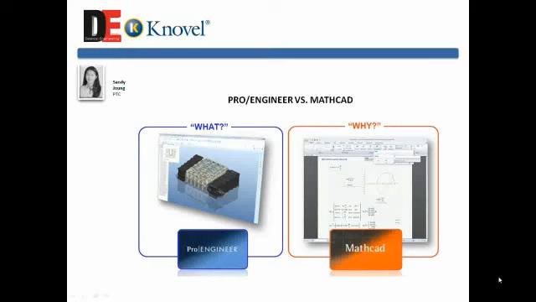It captures all of that intellectual property that normally would just be written down, either in an engineer's notebook, a paper-based system, sometimes Word, sometimes Excel, sometimes it's not really captured very well at all, and you just see the end product at the end. Using MathCAD really captures how something was actually developed, and can help a company retain a lot of that engineering knowledge and IP used throughout the process.